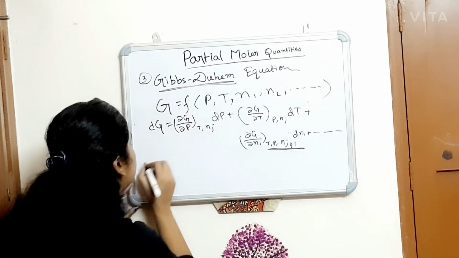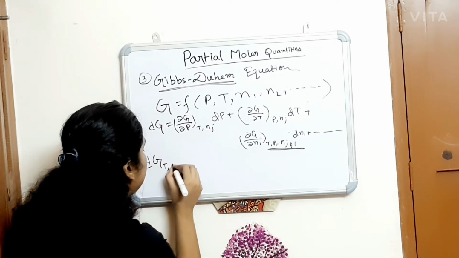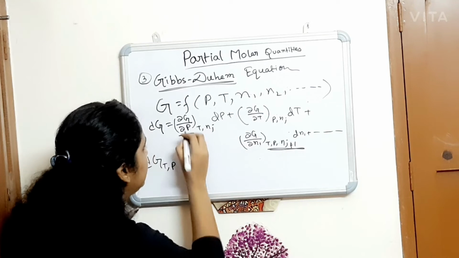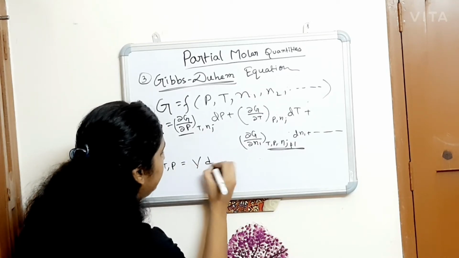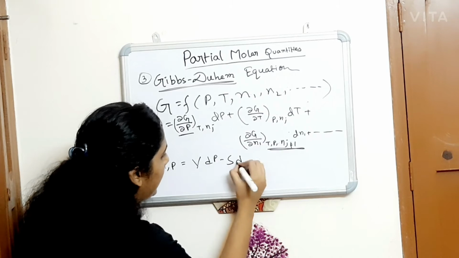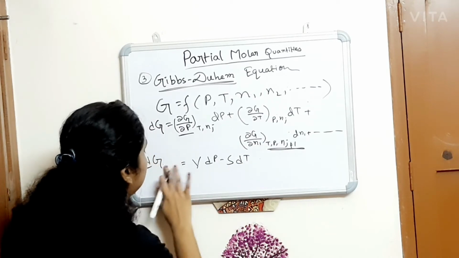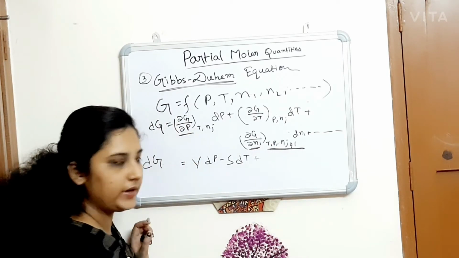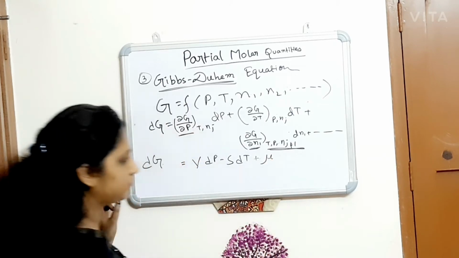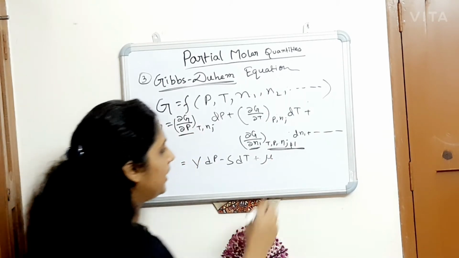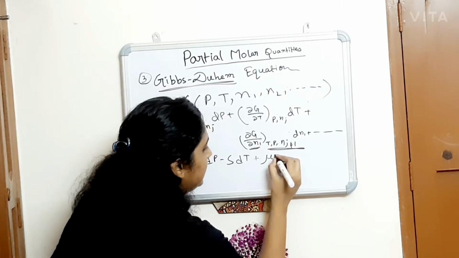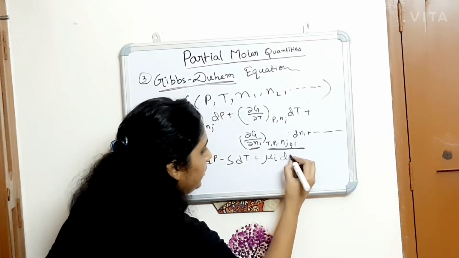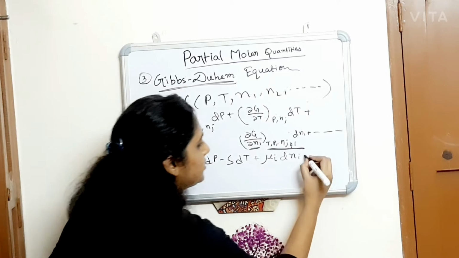So dG, you can write it like this: del G del P at constant T, Nj is nothing but V, that is V dP, minus S dT, plus the partial molar Gibbs free energy, which means the chemical potential, and generalized for the ith component, mu i, that is the chemical potential of the ith component, into dN1, and so on and so forth.